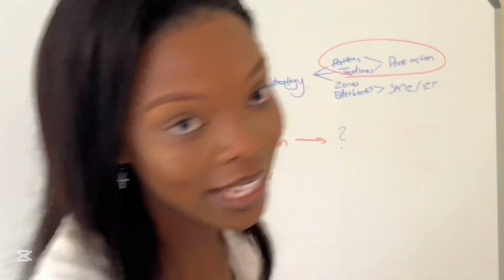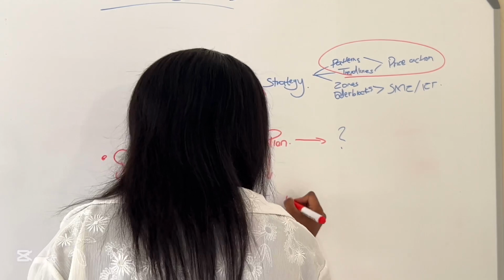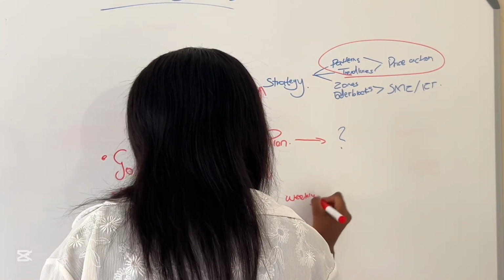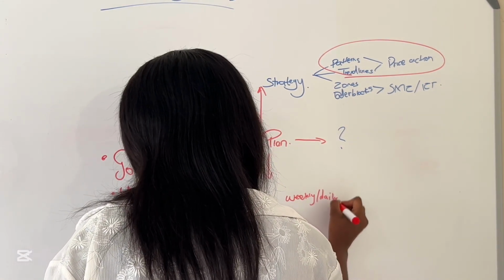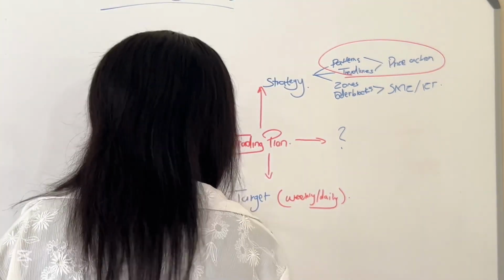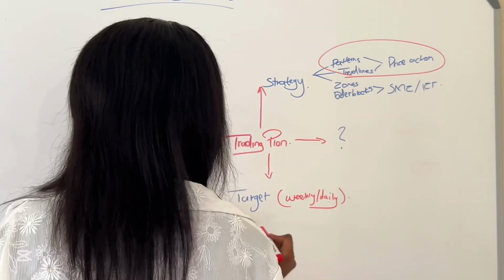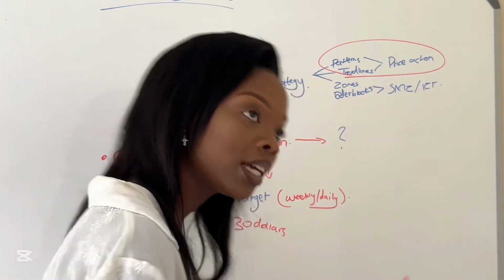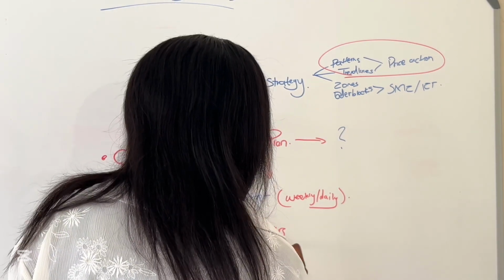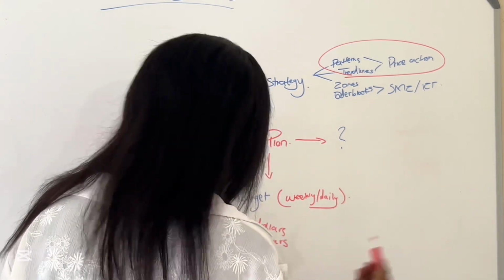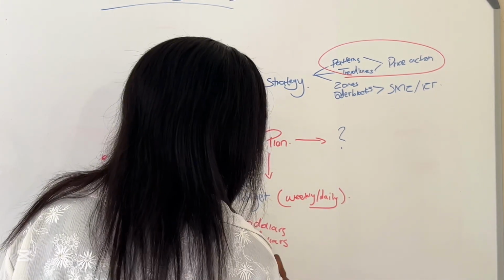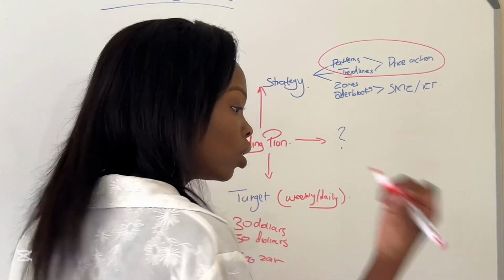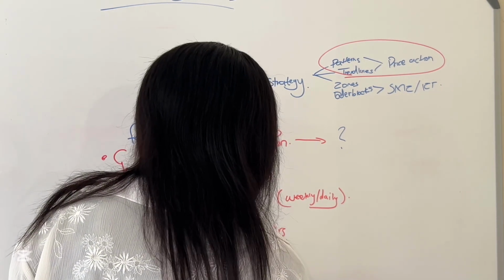Then my target can be weekly, target can be daily. Your target can be $30, or $50, or even 500 rand, or 700 pula.